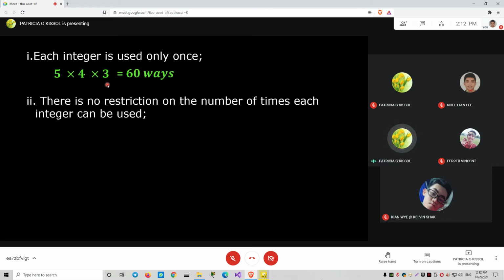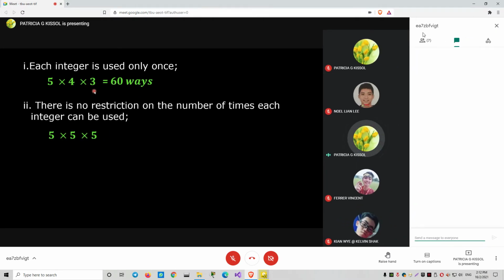And since repetition is allowed, the second number is also 5 ways to choose from. And with repetition allowed, the third number also has 5 choices. That means we can have 2, 2, 2 or 3, 3, 3, because repetition is allowed. So there are 125 ways.